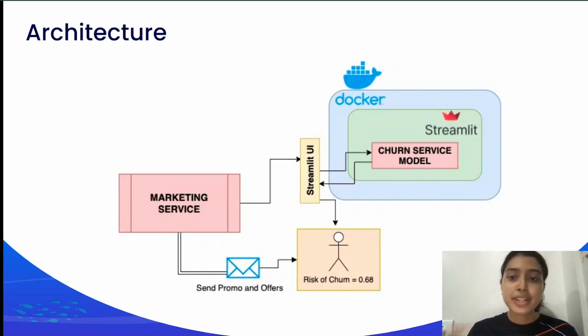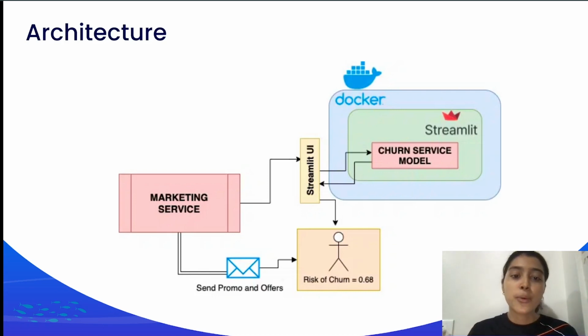And once we've written the application, we are going to take the dependencies, the model and the code, and of course the Streamlit application script that we've written, and containerize all of it as a Docker container, using Docker.